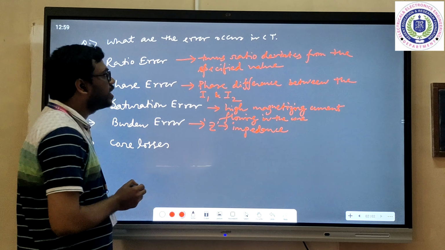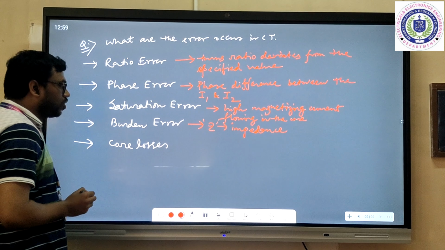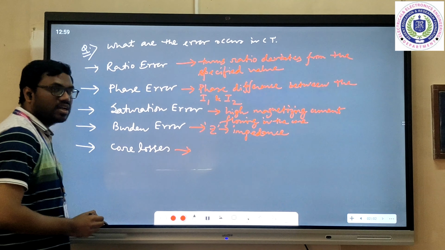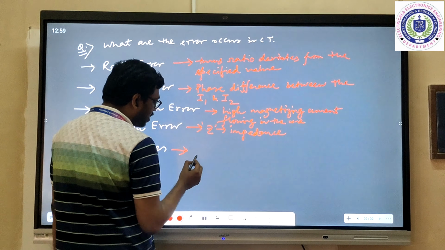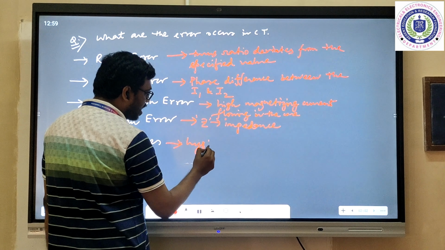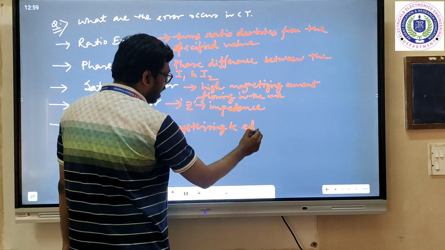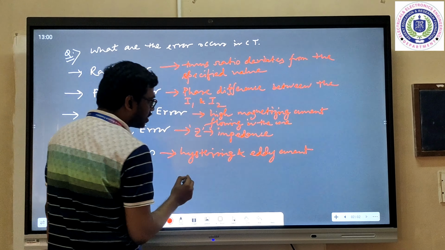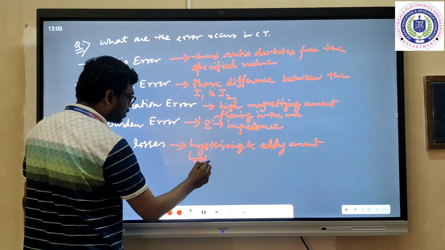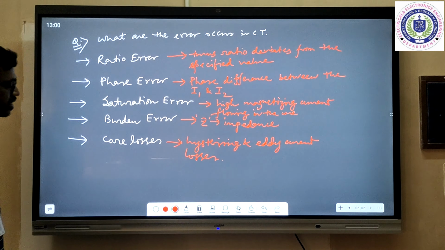It is also when it deviates from the specified value. Okay. Next, core losses. Core losses are nothing but the hysteresis and eddy current losses. Okay, so these are the 5 errors that occur in CT.